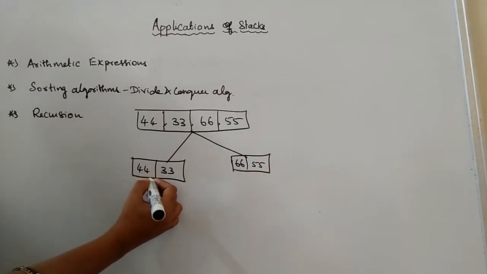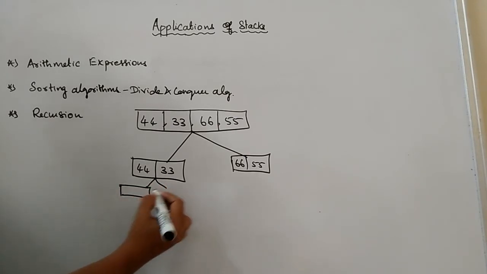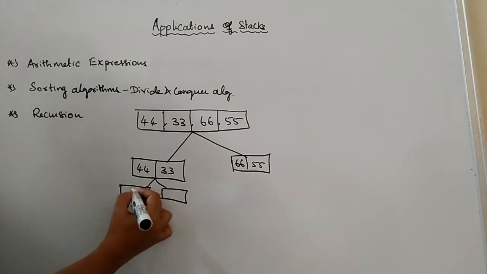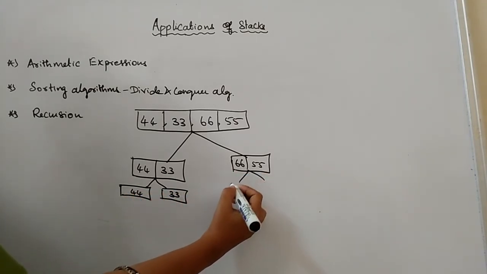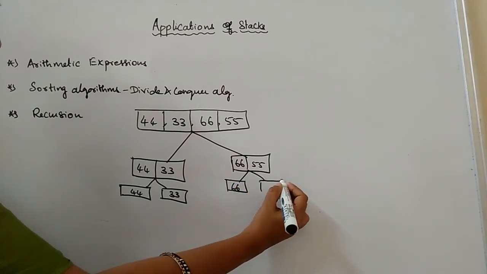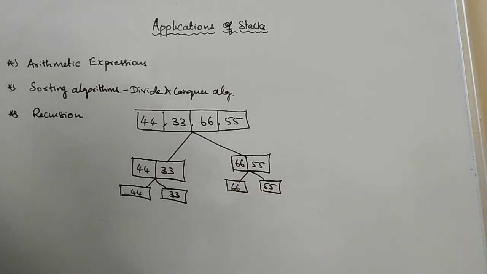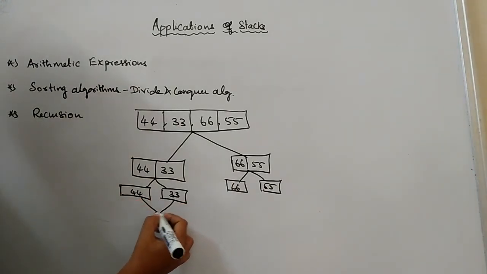Then I can again fragment this into two subsets, as 44 and 33, and here also I can fragment it as 66 and 55. Then I can combine these two, but in an ordered way.